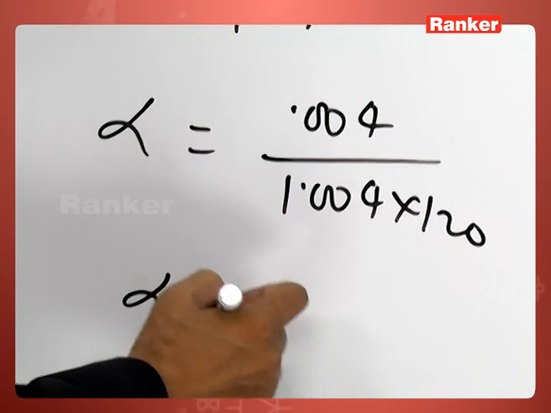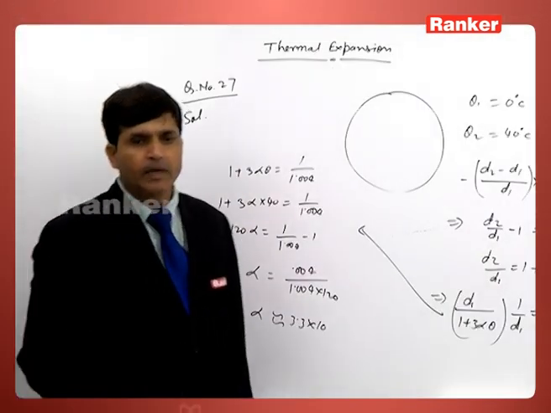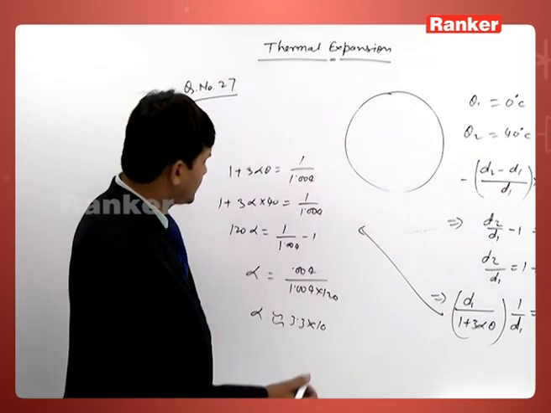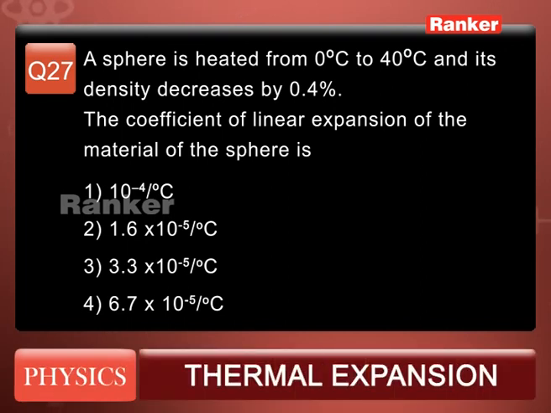So alpha is approximately 3.3 into 10 to the power minus 5 per degree Celsius. So option number 3 is the correct option.